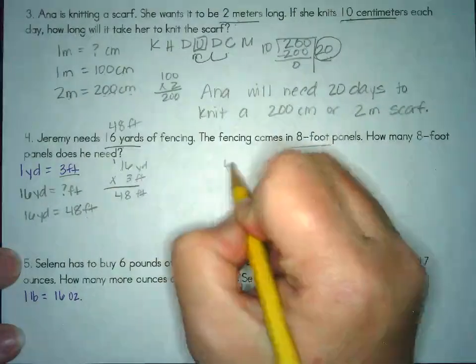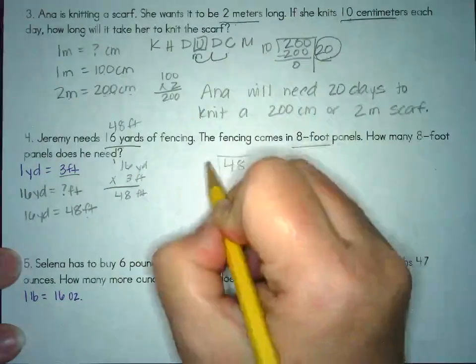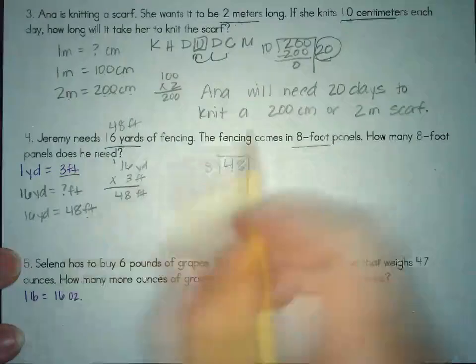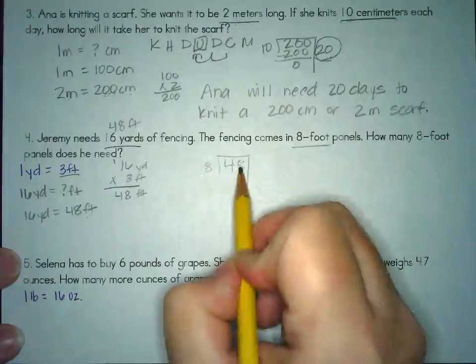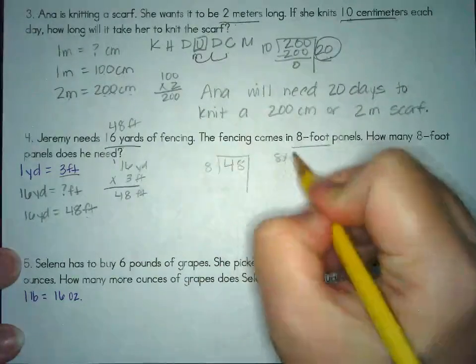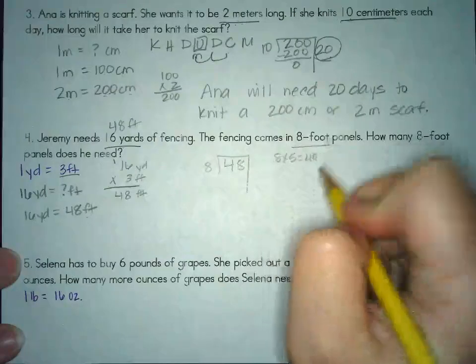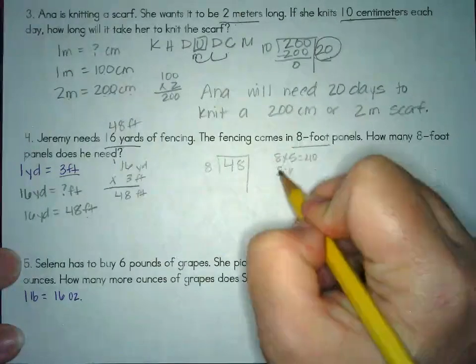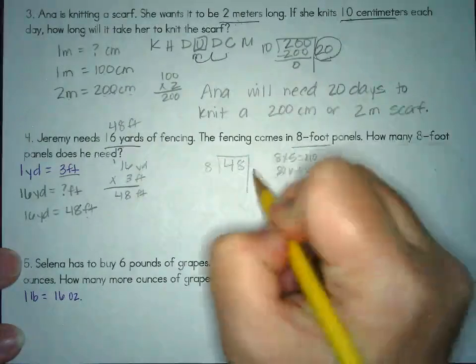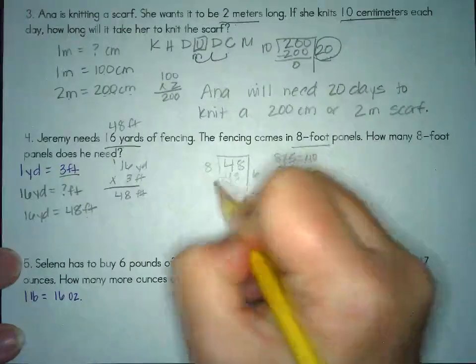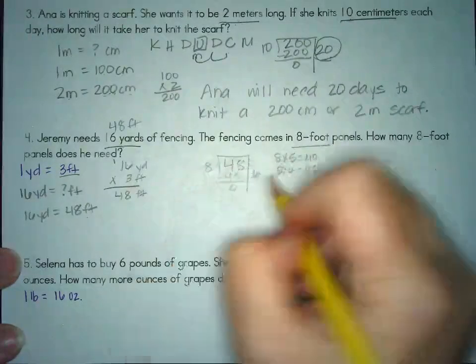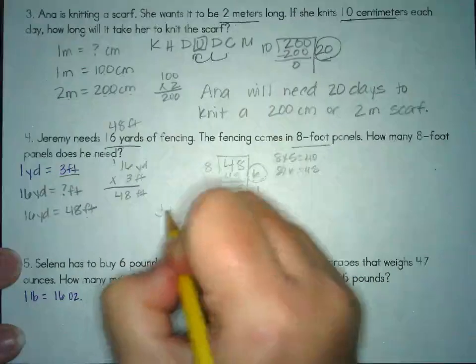That's right. I'm going to divide. Okay. So 8 times what will give me 48? Well, I know 8 times 5 is 40. 8 times 6 is 48. So this is how many panels he's going to need.